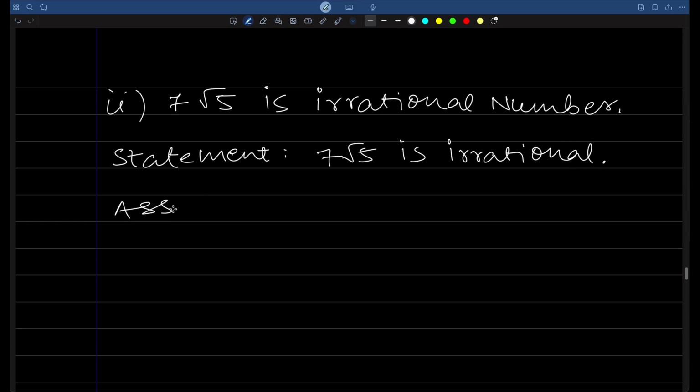We will assume that 7 under root 5 is not irrational, or we can say 7 under root 5 is a rational number.